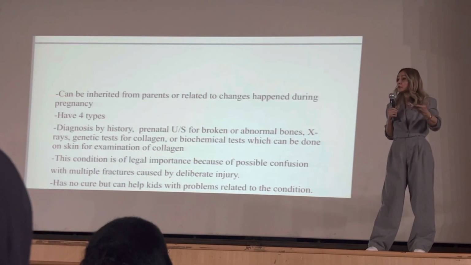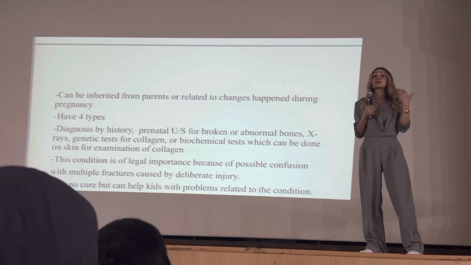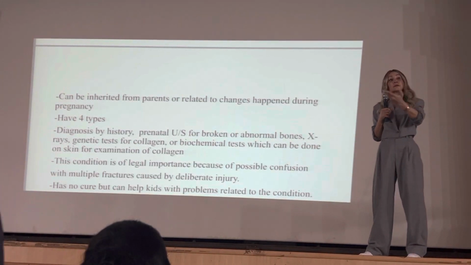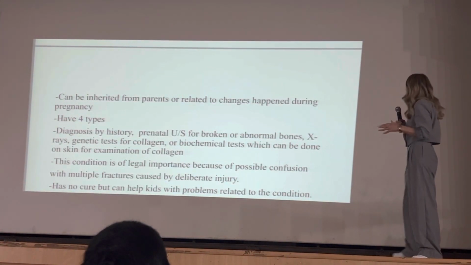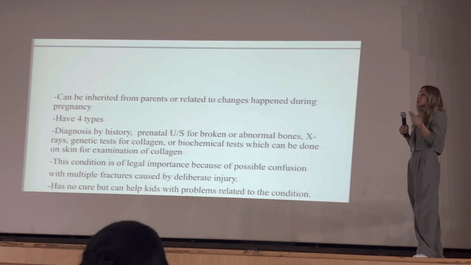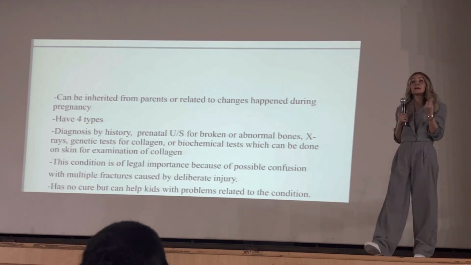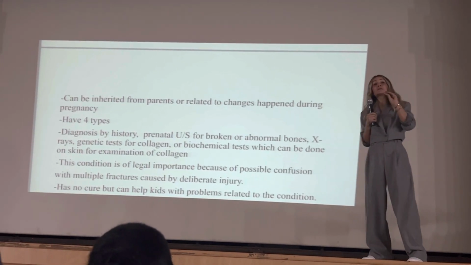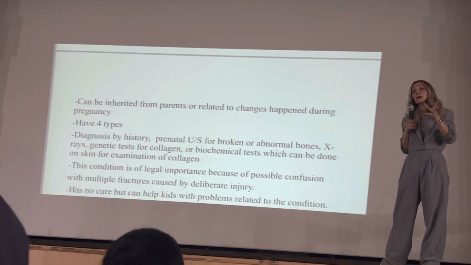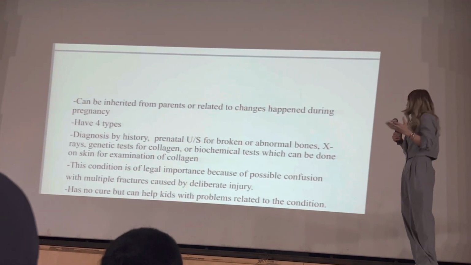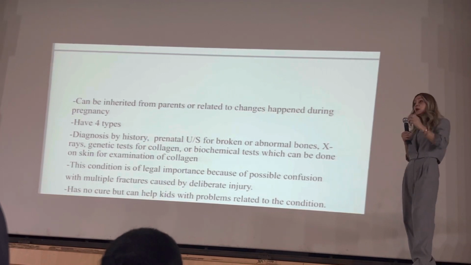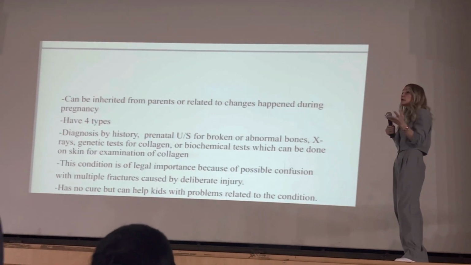Prenatal life can be monitored by ultrasound. In suspicious cases, you can ask for an X-ray. Genetic testing of the collagen gene, genetic analysis, can identify collagen abnormality. If suspicious, this improves your diagnosis, or you can use a biochemical test.